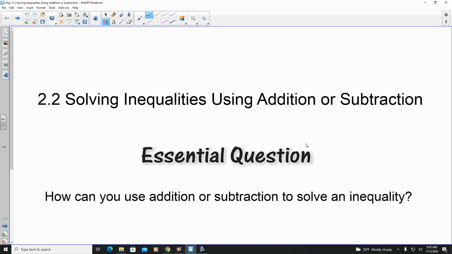We're attempting to isolate the variable. The only difference is we have either greater than, less than, greater than or equal to, or less than or equal to, and they'll probably ask us to graph the said inequality just like we did in section 2.1.